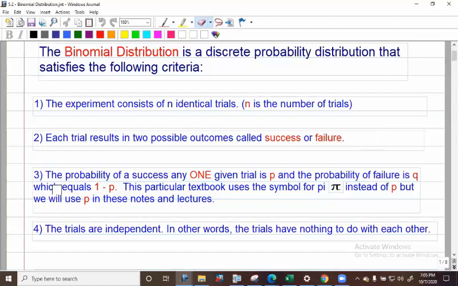Now the probability of success on any one given trial, which I highlighted and made large, is lowercase p, and the probability for failure is q, which is 1 minus p. That goes back to the idea that we've learned about complements. In other words, if you've got 2 outcomes and you know the probability of one of them, the other one has to be 1 minus that one. Kind of like that car wash problem we did in the last section. So with only 2 outcomes, it's 1 minus the other.